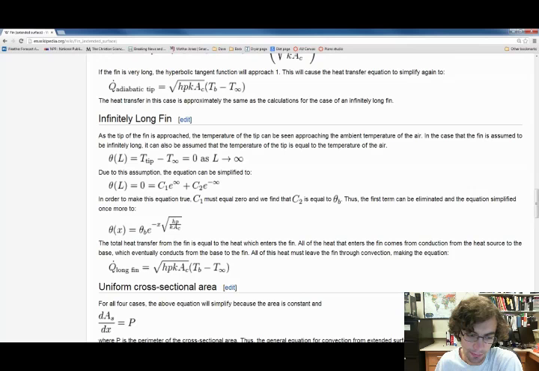Here's the analytical solution to the infinitely long fin case, where theta x is equal to the temperature at position x minus the temperature of the ambient, and theta sub b is the temperature of the base of the fin, which for our case is where the steam is.